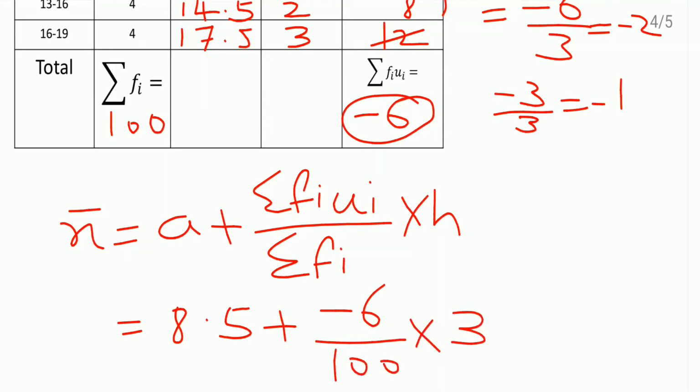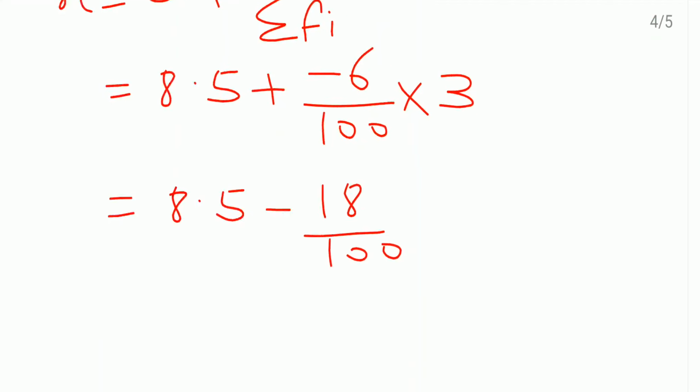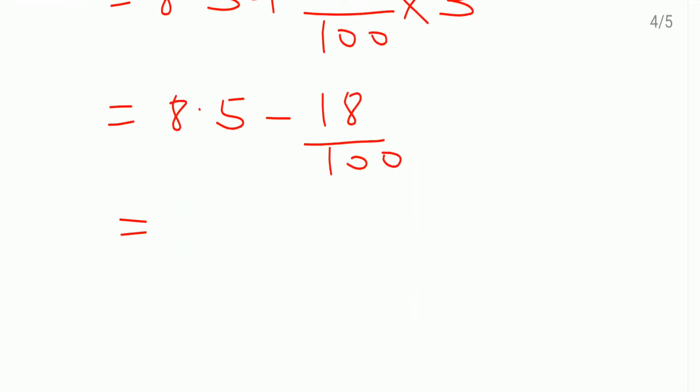H is 3. See here, 8.5 as it is, minus 6 threes are 18, divided by 100. Now because of 100, we will put the decimal place in the numerator. So 0.18, right?